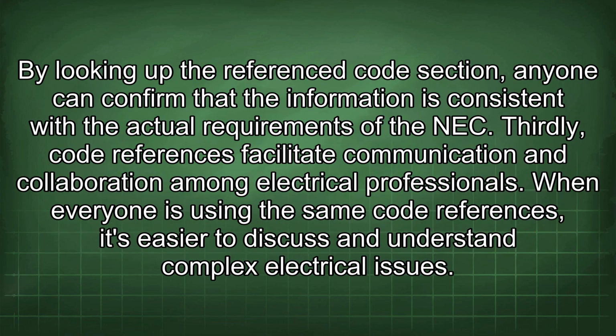By looking up the referenced code section, anyone can confirm that the information is consistent with the actual requirements of the NEC. Thirdly, code references facilitate communication and collaboration among electrical professionals. When everyone is using the same code references, it's easier to discuss and understand complex electrical issues.